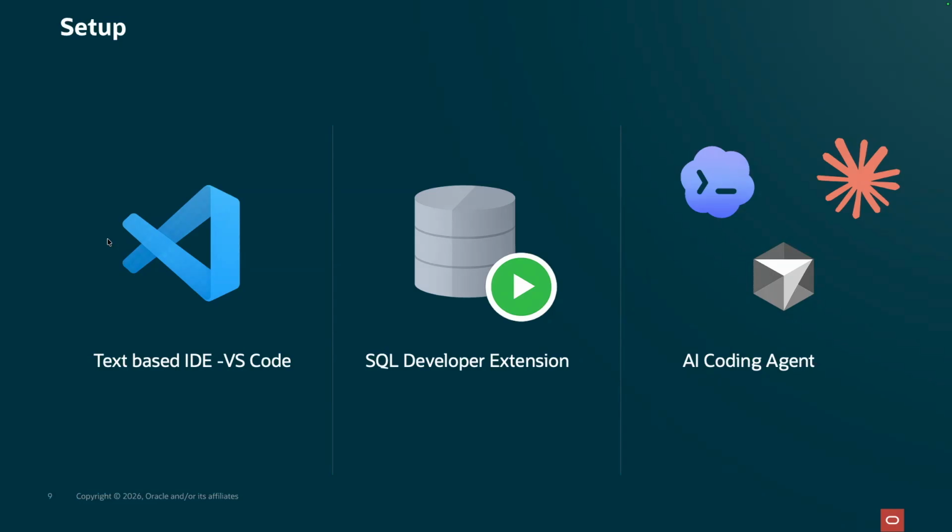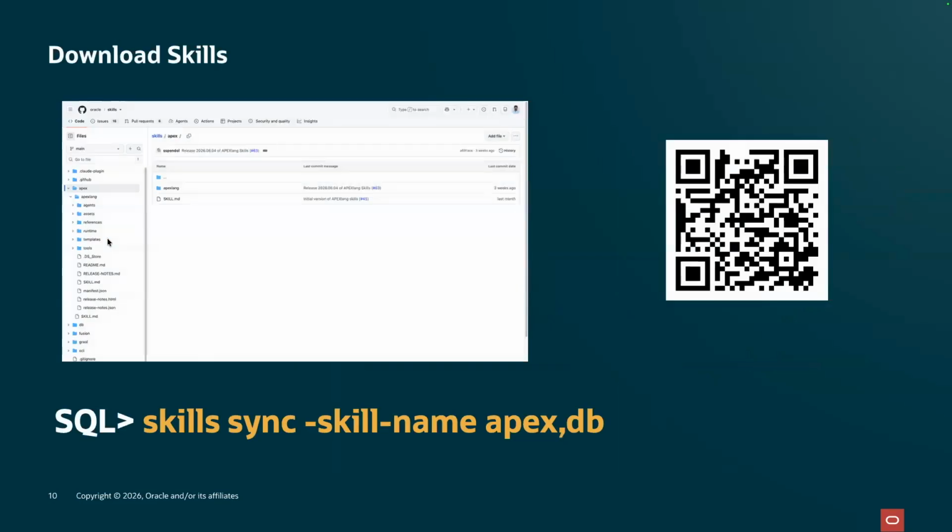Once you have all these three tools installed, the next thing I need is skills, the APEX-Lang skills which I spoke about. You can download it from your GitHub repository. You can scan the QR code to download it. You can download it manually and place it in your coding agent's folders. For example, for Codex, you would see a .codex folder in your home directory.